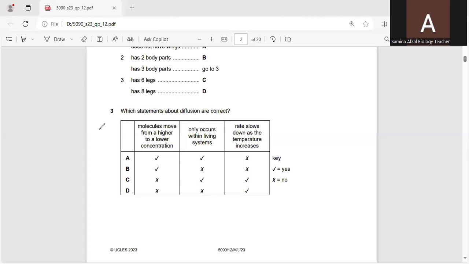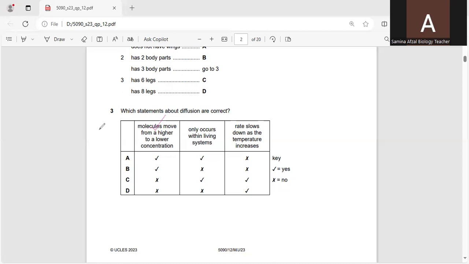Now question number 3, which statements about diffusion are correct? What is diffusion? Diffusion is actually the net movement of molecules and ions from a region of higher concentration towards a region of lower concentration. Here you can see the 3 columns in which we have to find the correct option. Molecules move from a higher to a lower concentration. Yes, it happens.